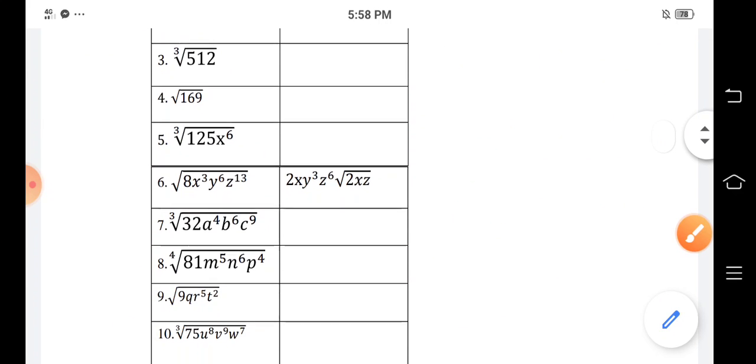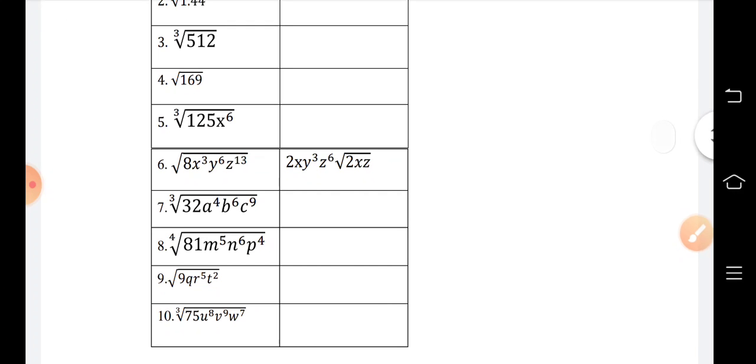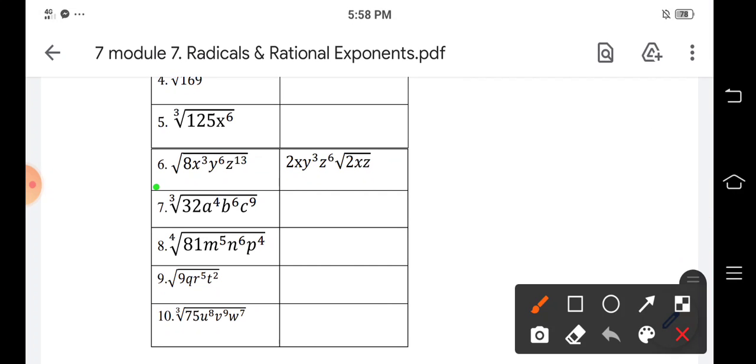Let us take another example, example number 6. If we have the square root of 8x cubed y to the power of 6 z to the power of 13, the square root of 8 gives 2.